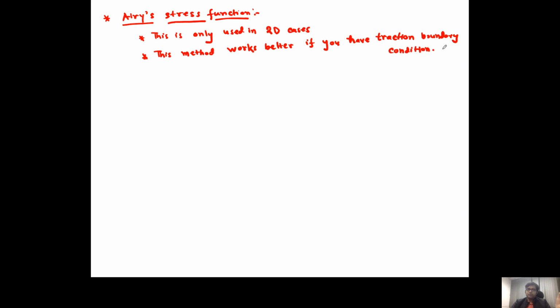It will still work, but it is not that good. Although the problem we will solve today, we will solve one problem today, at least partially, and for that problem, you will find that there is a displacement boundary actually, right? So these are the two conditions for which you can use Airy's stress function. And what is Airy's stress function? It is a function phi that we define, and this phi is known as energy potential.